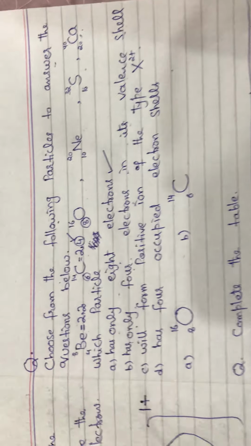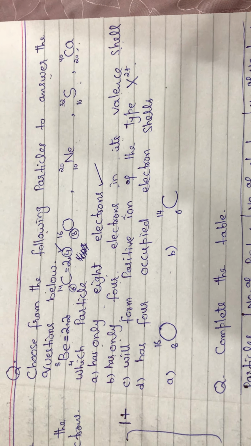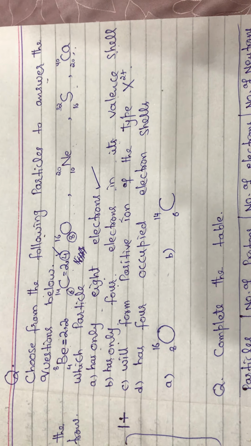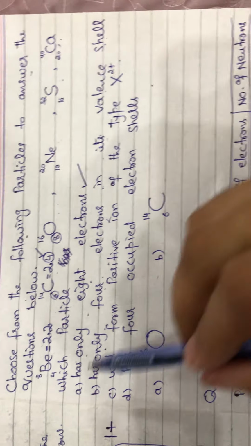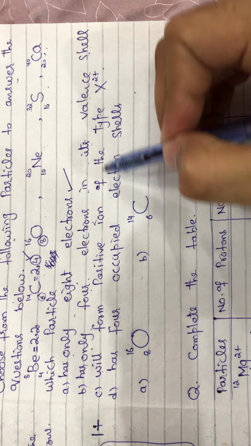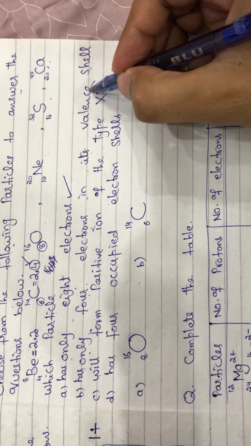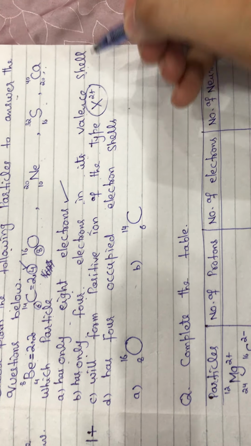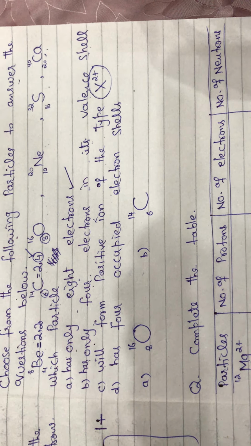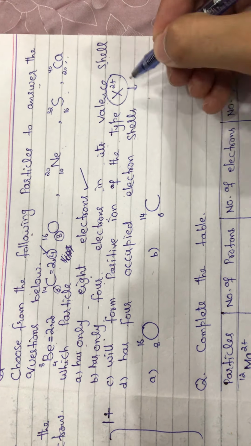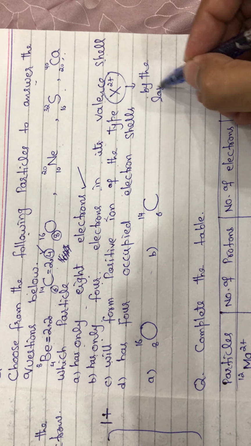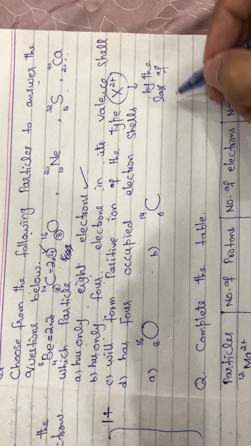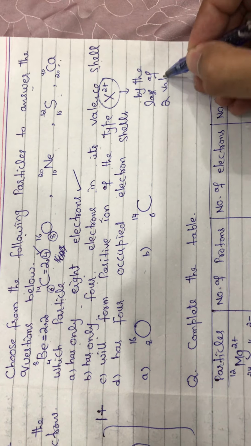We can also solve these questions by taking the help of the periodic table. C will form a positive ion of the type X2 positive. X2 positive ion is formed by the loss of two valence electrons.